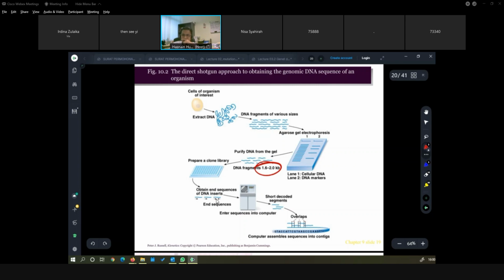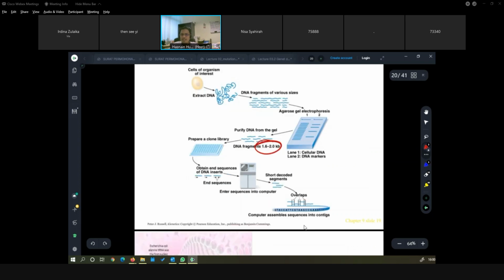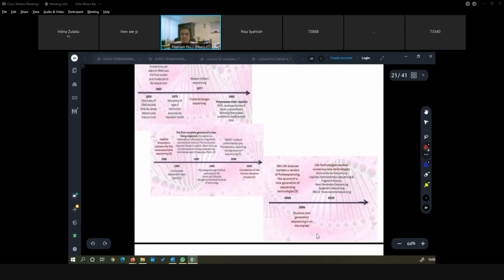The cloning is just to produce more copies of the same fragment, and those copies of the same fragment are then sequenced only on both ends, and then those sequences are aligned using computer programming, so that the sequence will be determined. Okay, so that is how it is done.